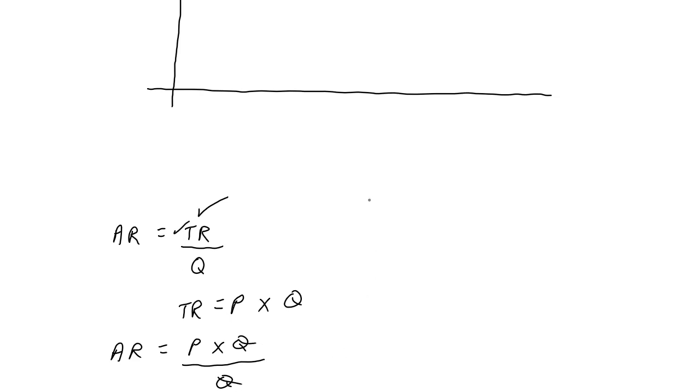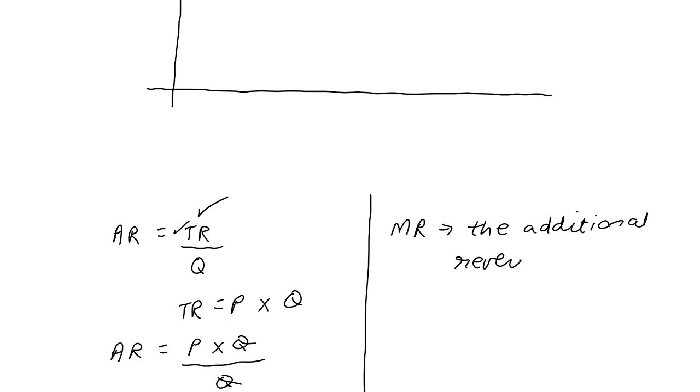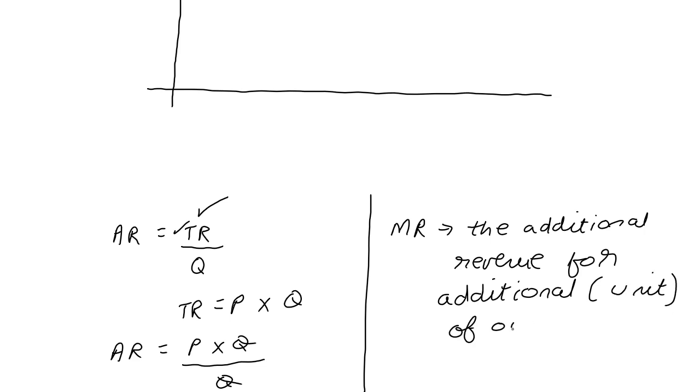Now, as far as marginal revenue is concerned, marginal revenue is the additional revenue for additional output, or, some textbooks will say, an additional unit of output.